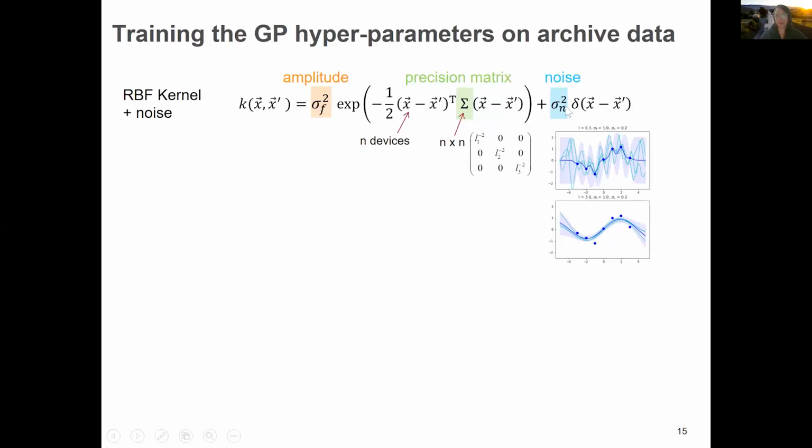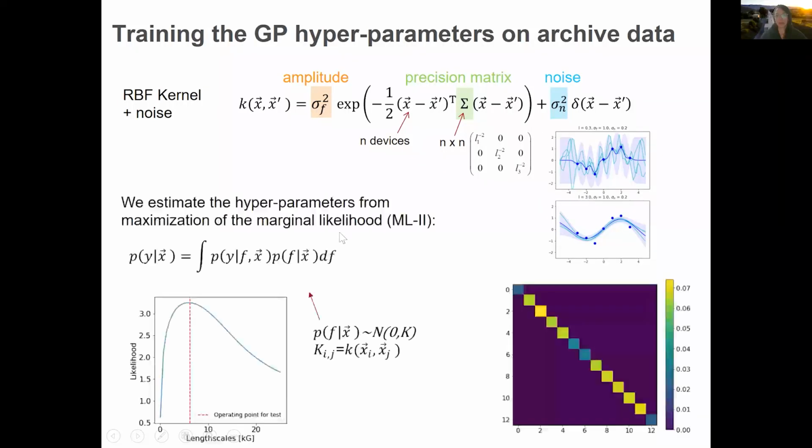So we've got all those hyperparameters, and now we need to find them. The way to do that is by estimating them from the marginal likelihood, sometimes called ML type 2. We want to maximize the marginal likelihood, and the combination of the hyperparameters that maximizes it is the one that we choose to run the kernel with.